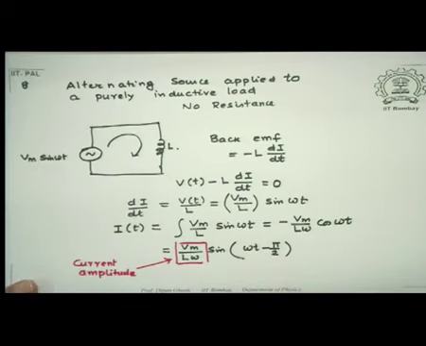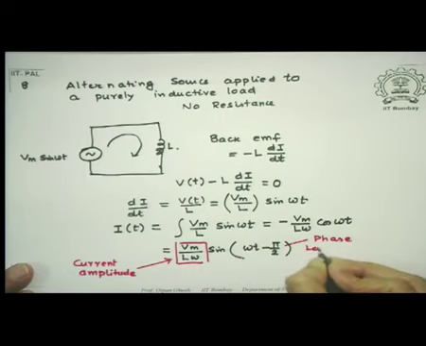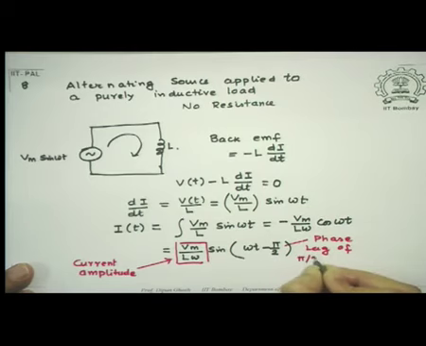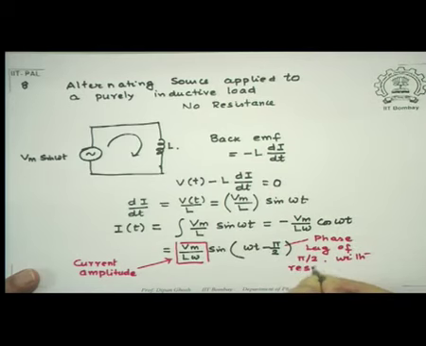Another interesting thing you notice is this: since the voltage is varying as sine omega t, but the current in this circuit is varying as sine omega t minus pi by 2, what I notice is that the current falls behind the voltage, or in our language, there is a phase lag of pi by 2 with respect to voltage.